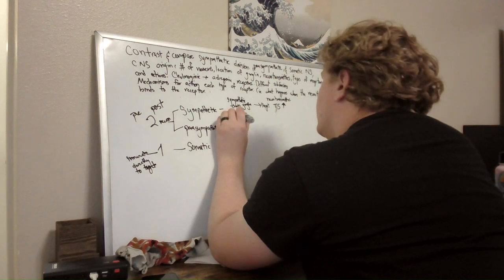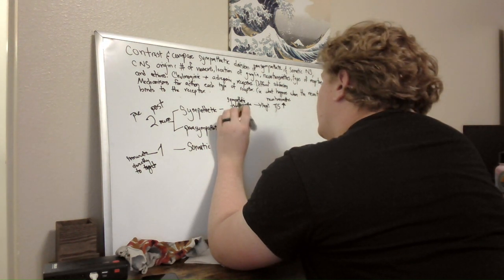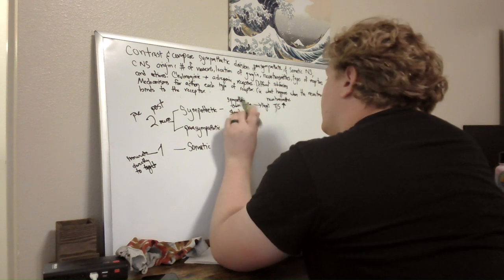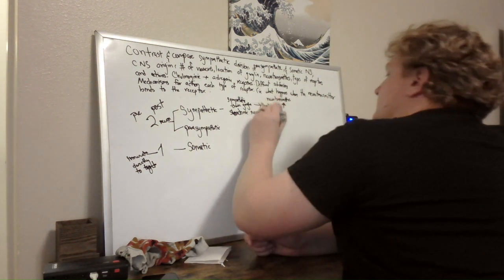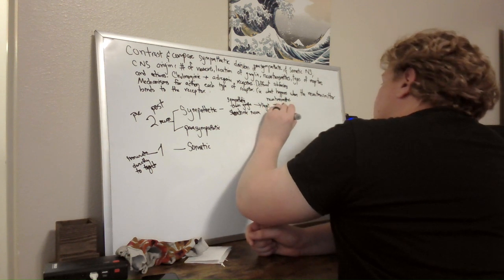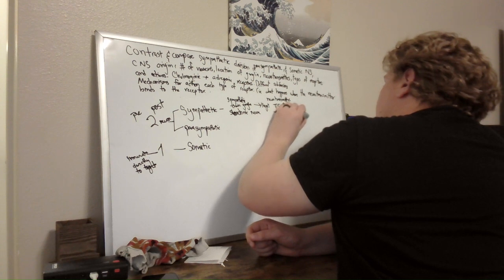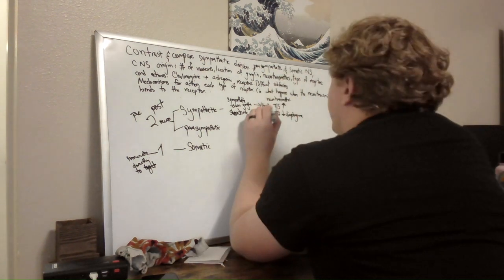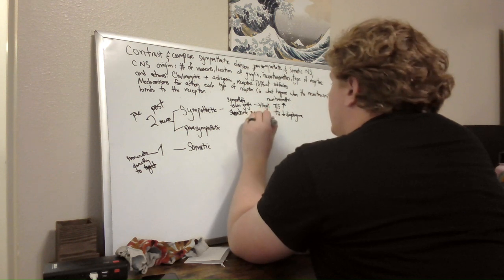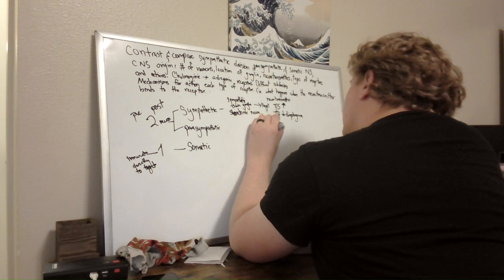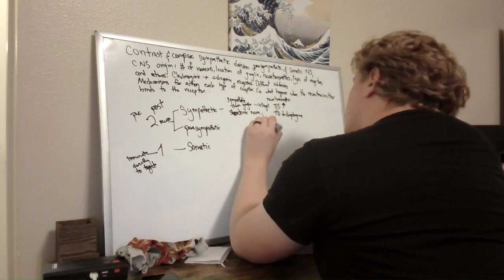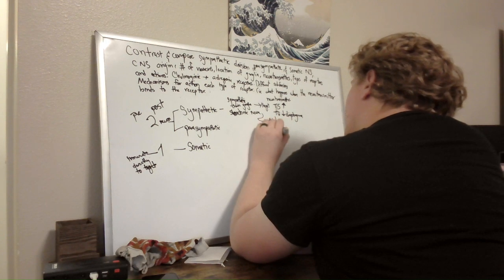For below, there's the splanchnic nerve, going from T6 down to the diaphragm, which goes to a synapse on a lateral chain ganglion.